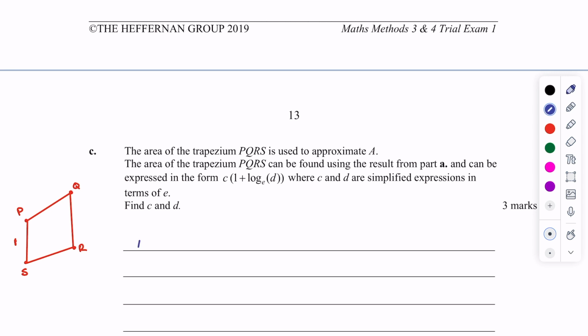I'm going to say that my area for a trapezium is given as half (a plus b) times the height. I can call that a, b, and then we need to ascertain our height.